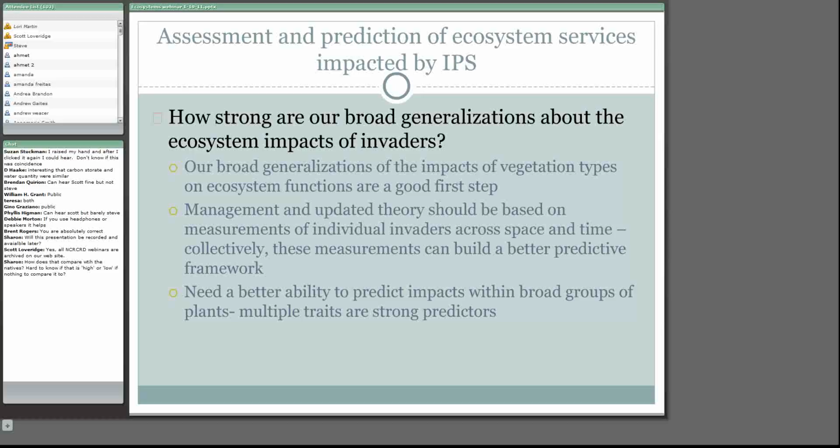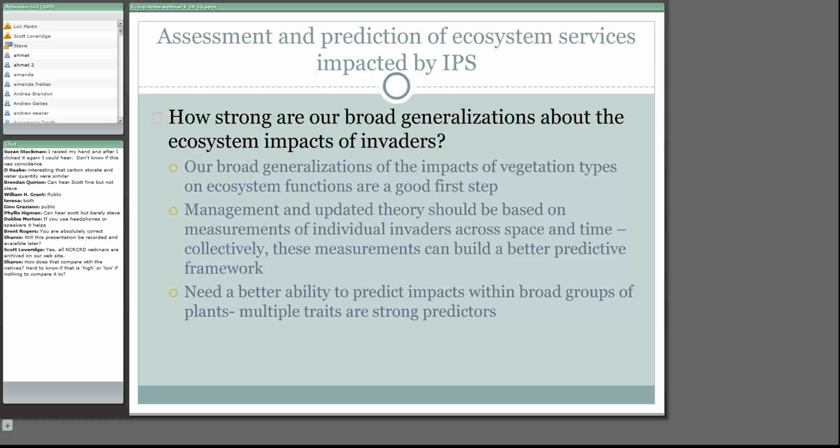But it also gets back to the per plant aspect, and also looking at the plant type, and variability across a range of locations and situations.